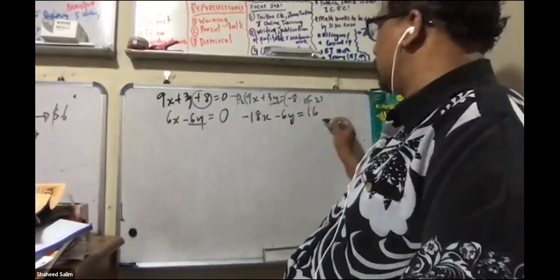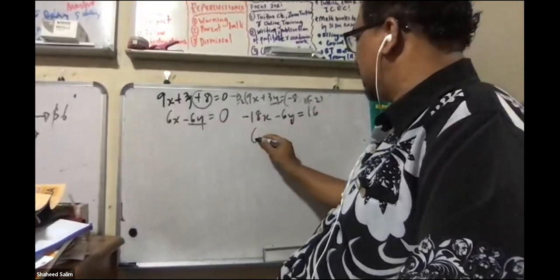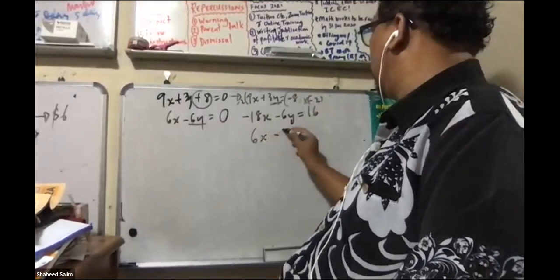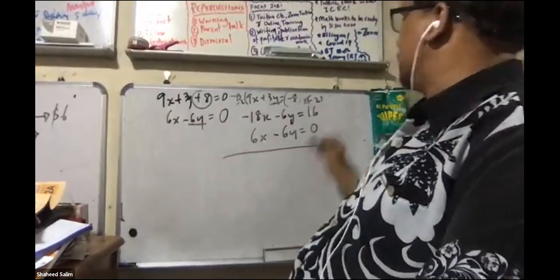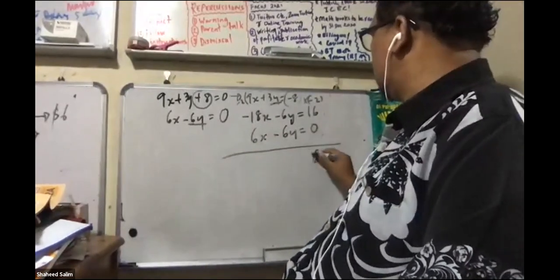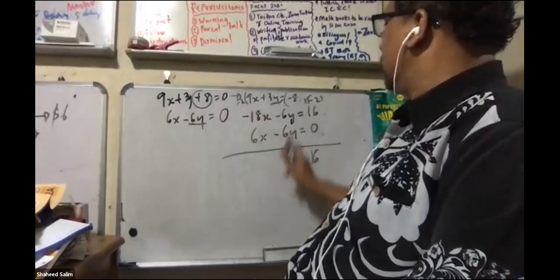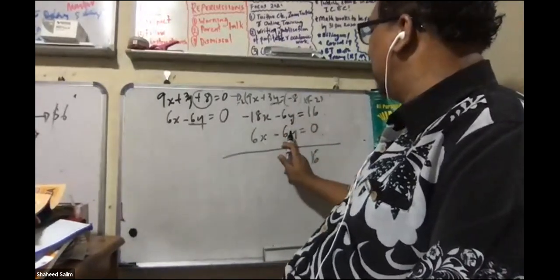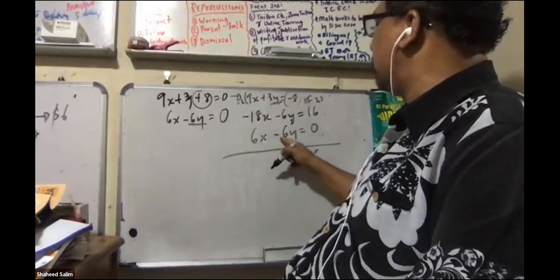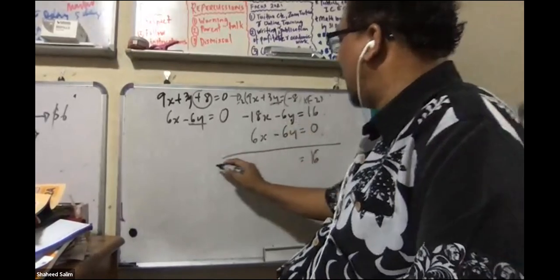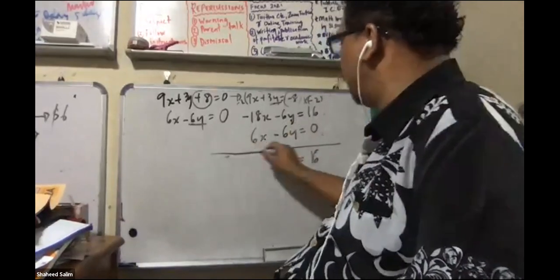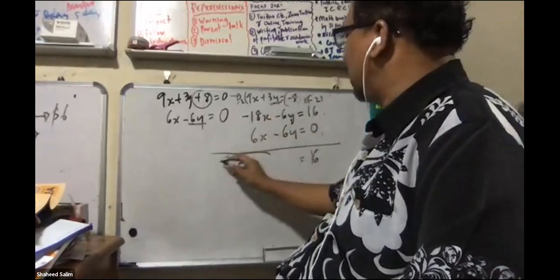Now we can minus this one here. We put the 6x here, and the 6y here equals to 0. We can minus 16 minus 0, 16. Minus 6y minus 6y, this one becomes plus.